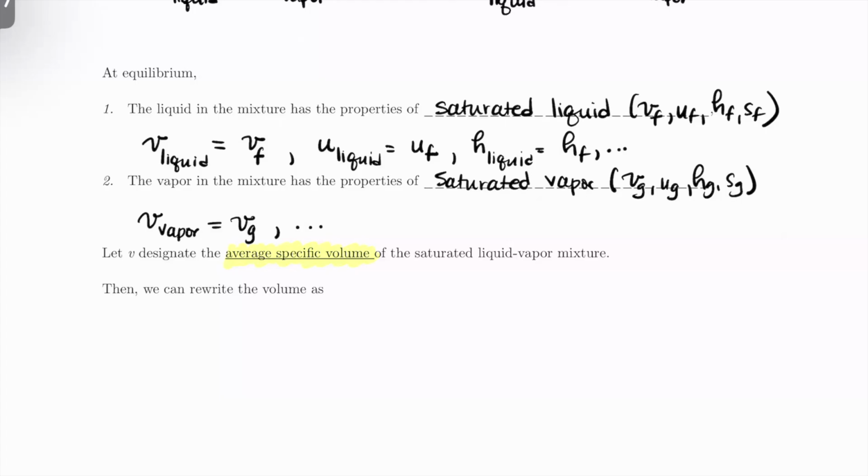So if that is the case, then we can rewrite our volume as our total volume is mass times this average specific volume, which is still the volume of the liquid plus the volume, excuse me, of the vapor. Where we can also rewrite these two terms slightly differently.